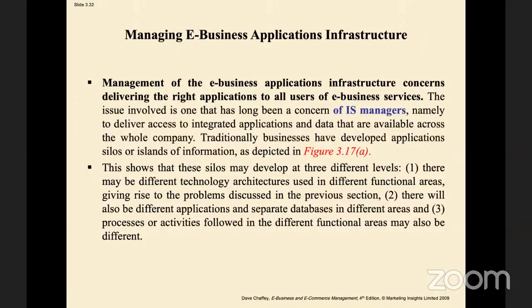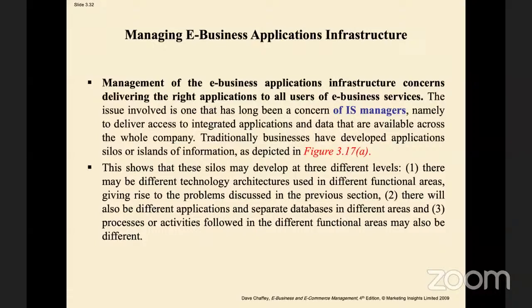Traditionally, businesses have developed application silos, or islands of information, as depicted in figure 3.17a. This shows that these silos may develop at three different levels. What are the three different levels here?